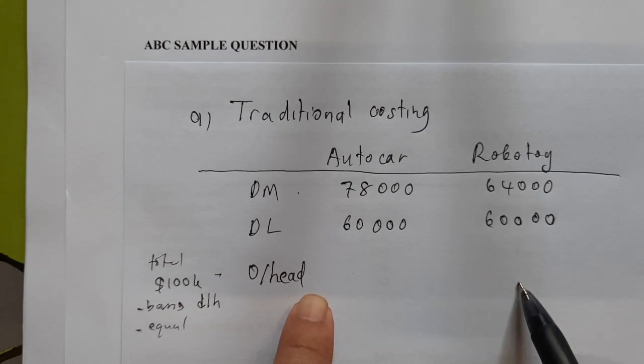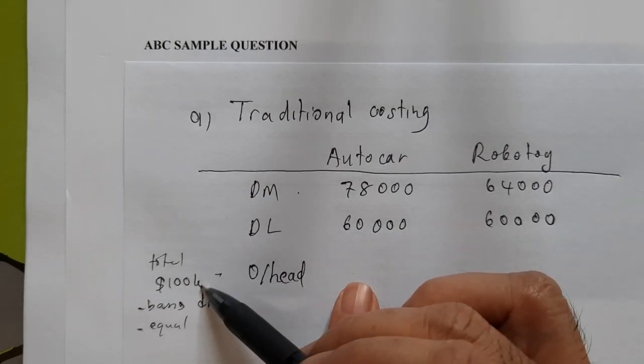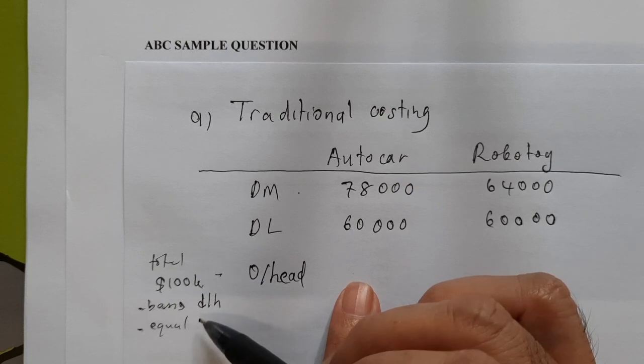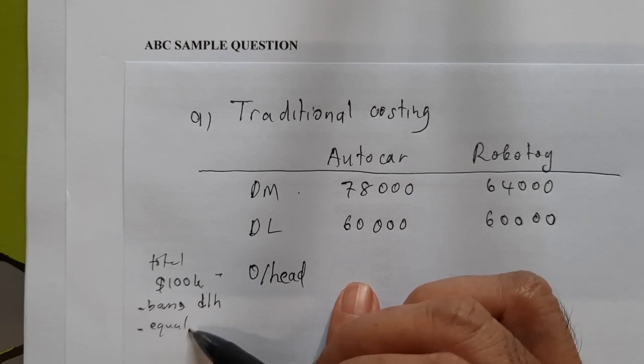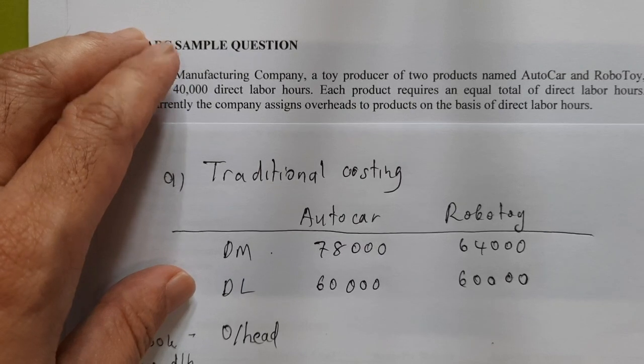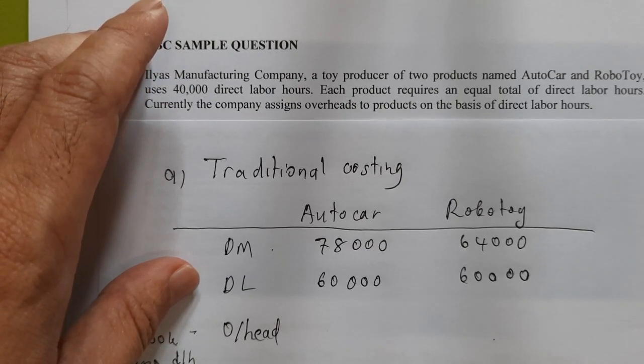the autocar and robotoy? So see here, the total overhead is 100,000. The basis is direct labor hour. Okay, and also the question said that each product requires an equal total of direct labor hours.